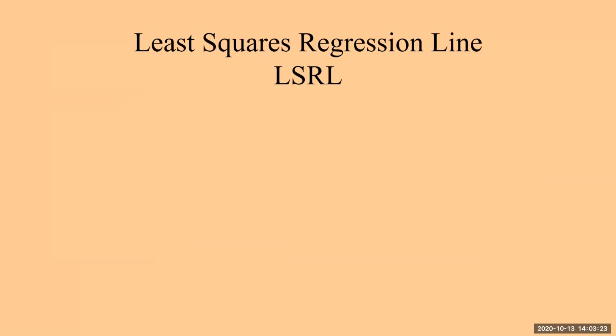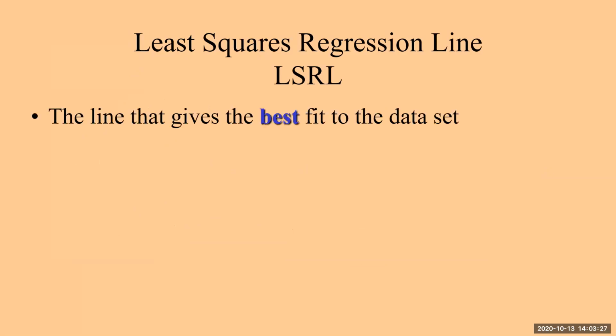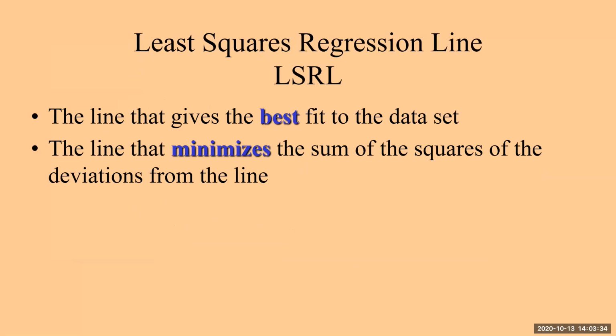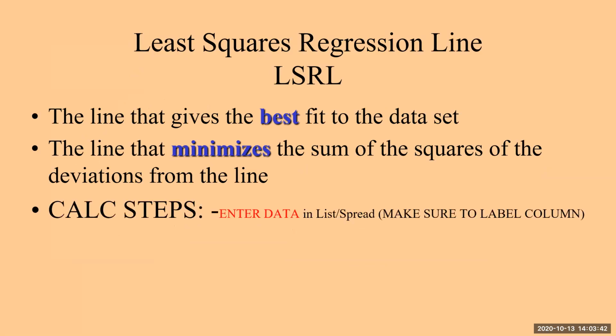So the least squares regression line, abbreviated LSRL, gives the best fit to the data set. It is the line that minimizes the sum of the squares of the deviations from the line. And here's how we do it on the calculator.